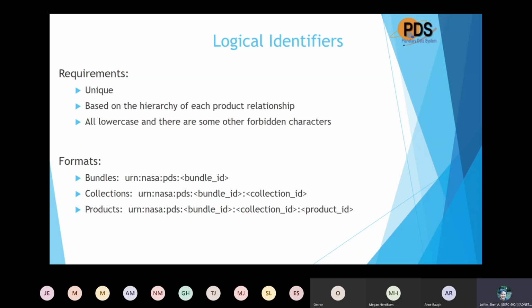And so you can actually start to incorporate your LIDs and your organization of your archive within your directory structure as the mission goes on, if you choose to do that. You don't have to, but it can be helpful to have your data structure mirrored in the LIDs for the archive. It just depends on whether that works for you or not.